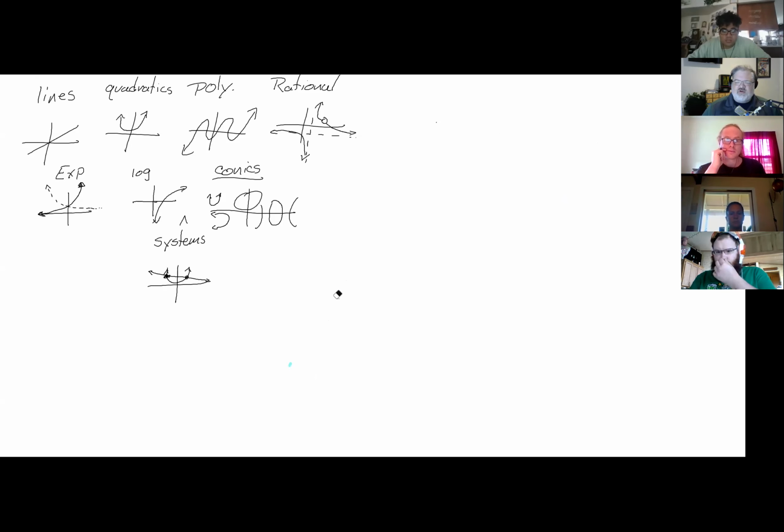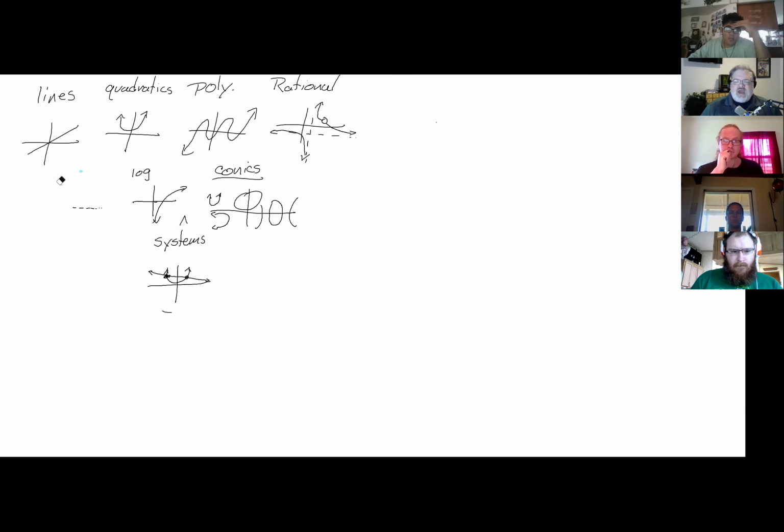Exponents and logs will be expanding on what you know before. Some of the conic stuff you may have never seen before. But our goal is going to be to expand and strengthen these skills and get them working together. By the time we get into our section on systems, we're using many of these, if not all of them, together. So that should be fun.